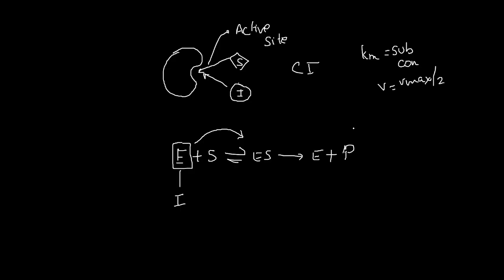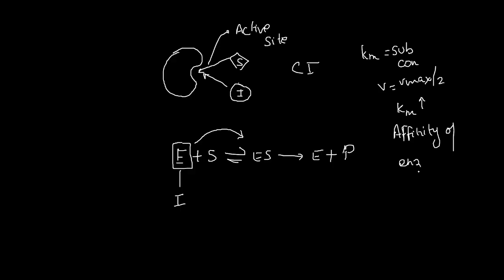Because the inhibitor is present, the enzyme will require more substrate concentration to move forward, and therefore the Km is going to be high in this case. And when the Km is high, it means the enzyme has low affinity for that substrate.